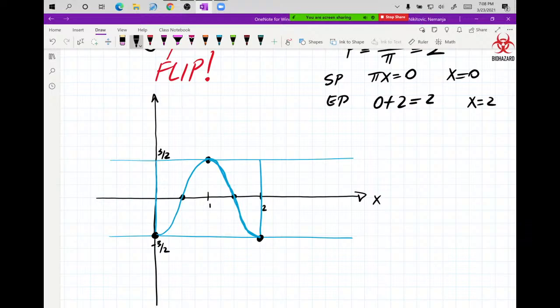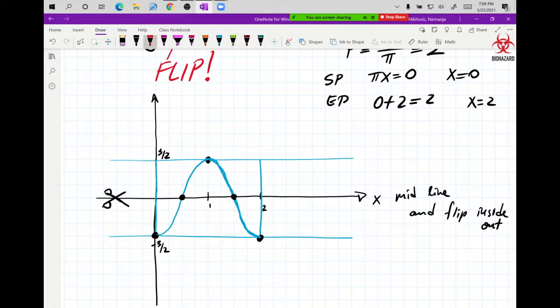Now, how do you get that graph? Well, take a pair of scissors and just cut along the midline and flip inside out. Now, when I cut through the midline, first of all, anywhere where the cosine crosses zero is where you have your vertical asymptotes.